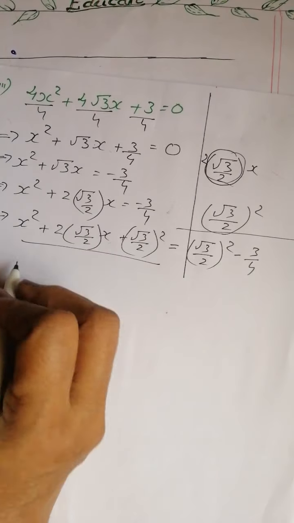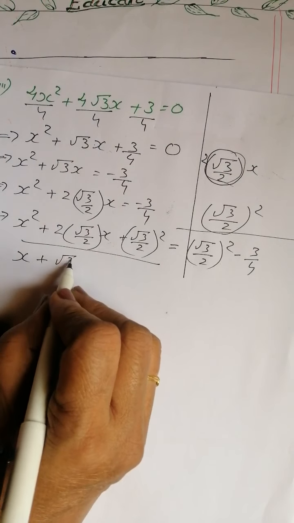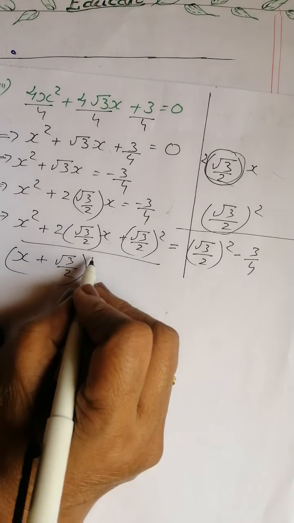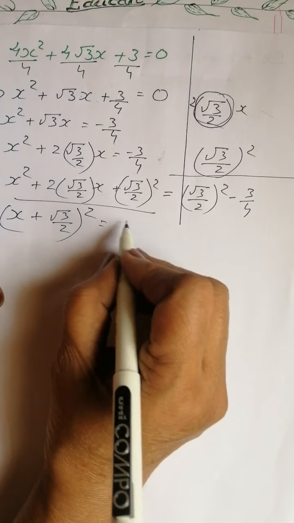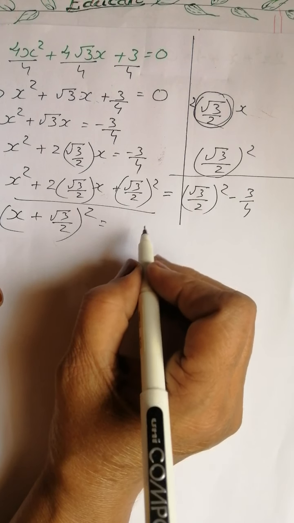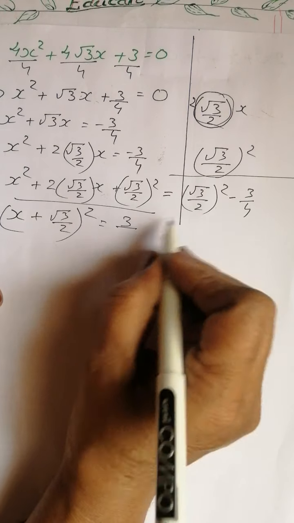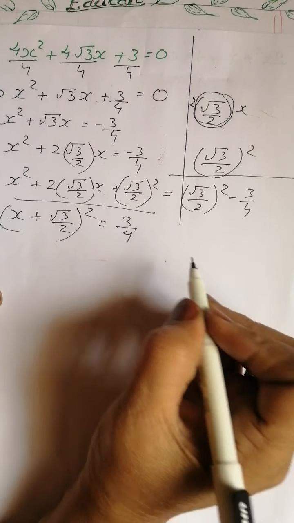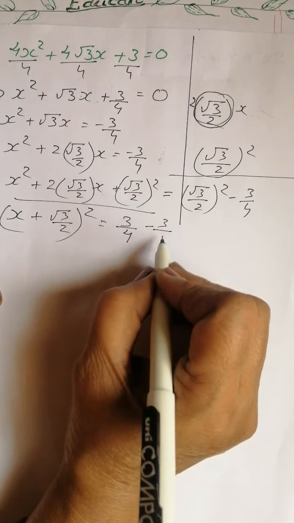Now this becomes x plus, because this is plus, root 3 by 2 the whole square. Equals to, if I open the bracket, root 3 into root 3 is what? 3. So you will get 3 by 2 square is what? 4. Minus 3 by 4.